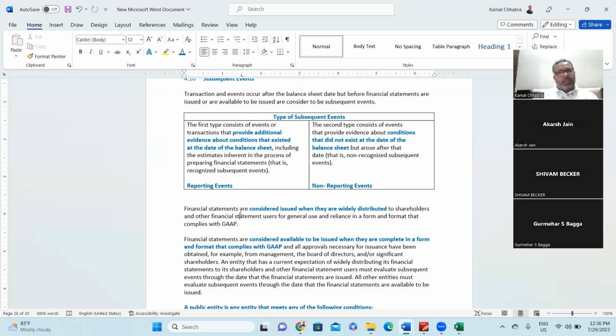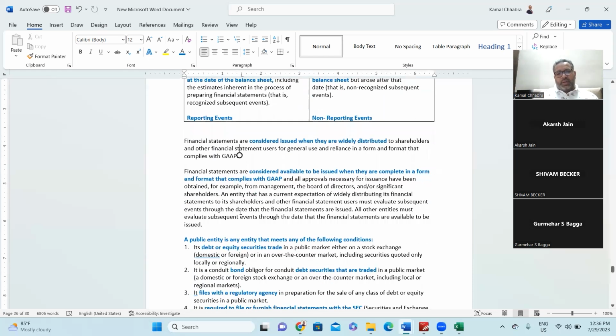These are called reporting events. The second category is events that provide evidence about conditions that did not exist at the date of the balance sheet but arose after the balance sheet date. Those are not recognized as subsequent events, but disclosures are required if those things are material, right? If those things are not material to the financial statements, then disclosure is also not required.